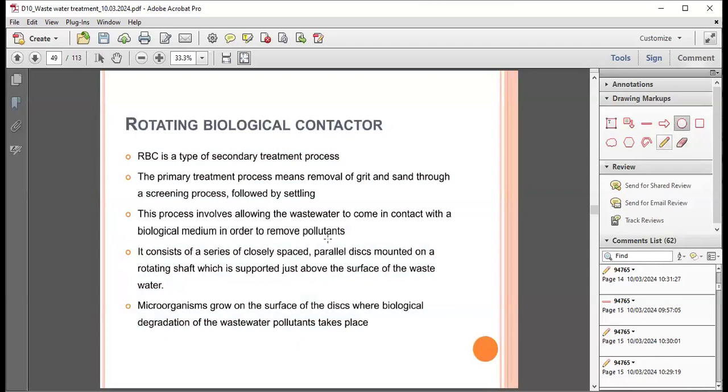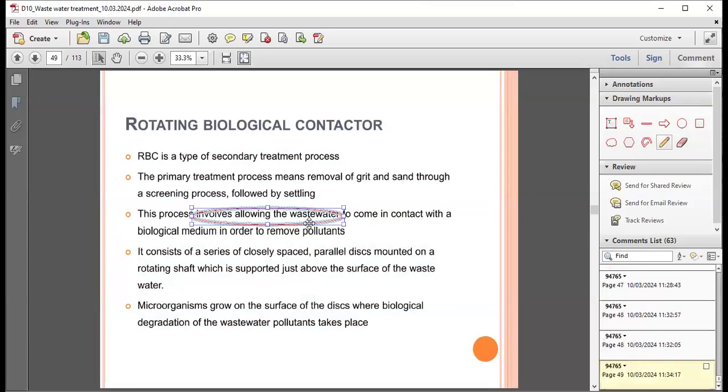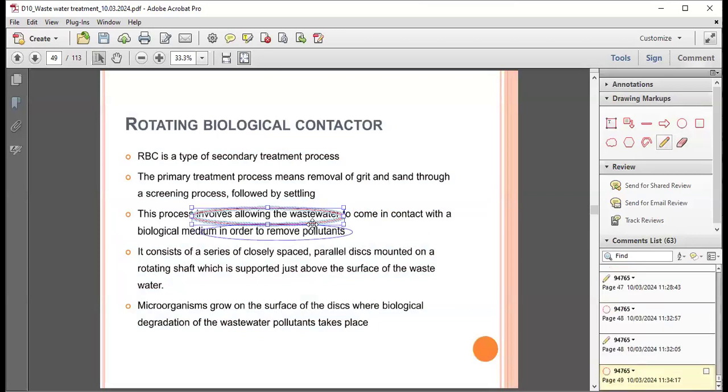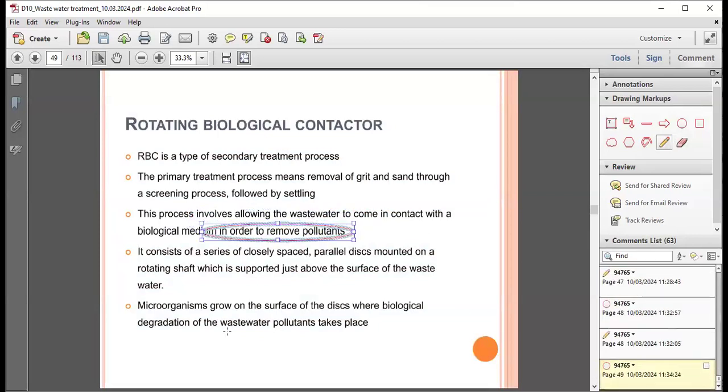So these are important words. It involves allowing wastewater to come in contact with the medium in order to remove the pollutants. This is the main process.